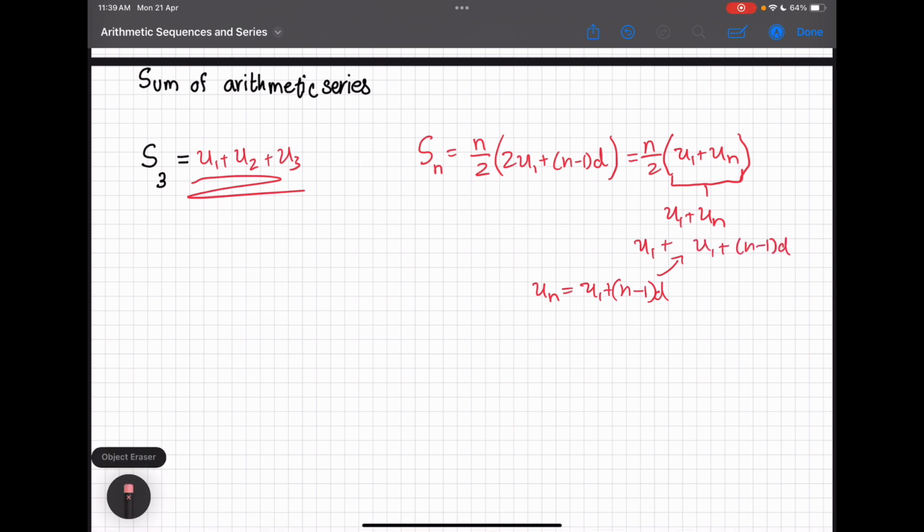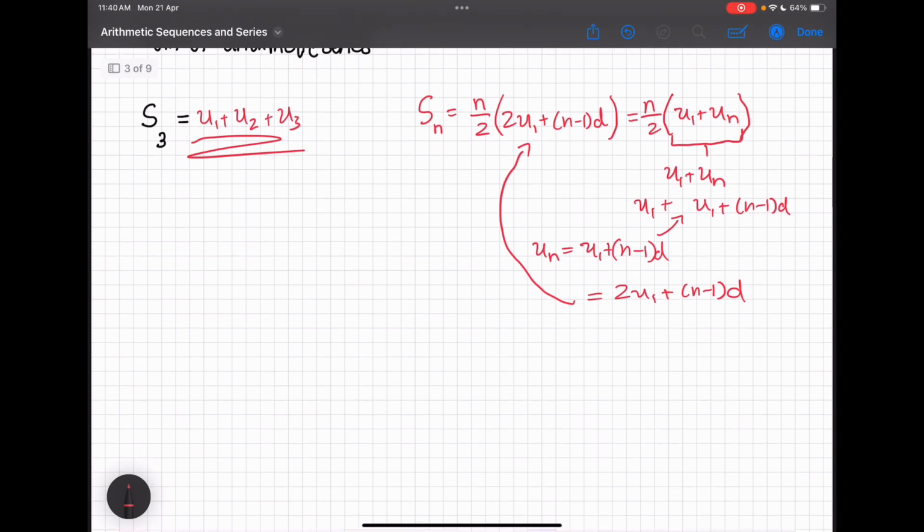So that equals 2u1 plus (n minus 1) d, which is the exact same expression that we have in the other equation there. So they do equal the same thing.